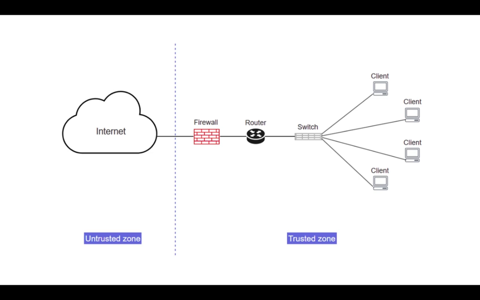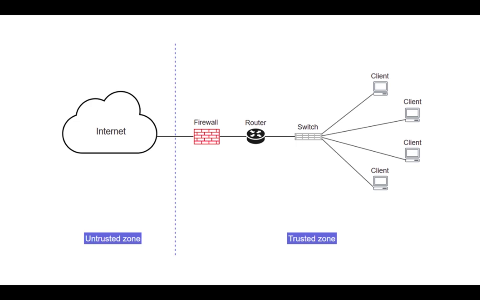Next generation firewall, or NGFW. This type of firewall combines the features of stateful inspection and application level gateway and adds additional capabilities such as intrusion prevention, antivirus, URL filtering, and threat intelligence.